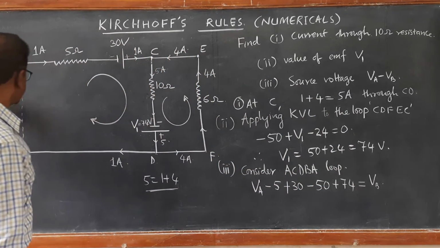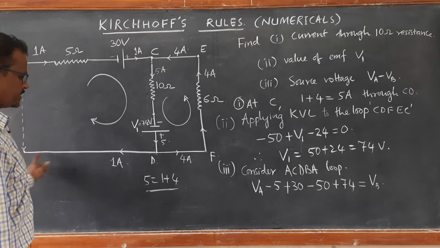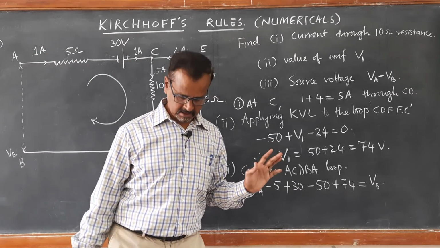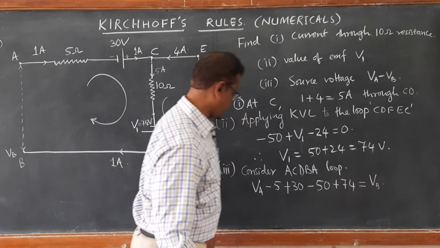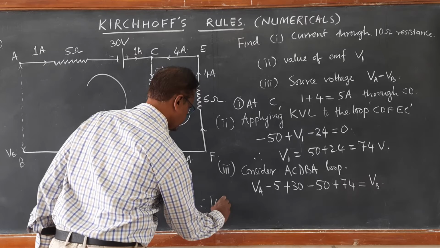What is VA minus VB? So D, F and B, they are all at the same potential, let us take it as VB. Therefore, VA minus VB can be found out. That is what is asked.